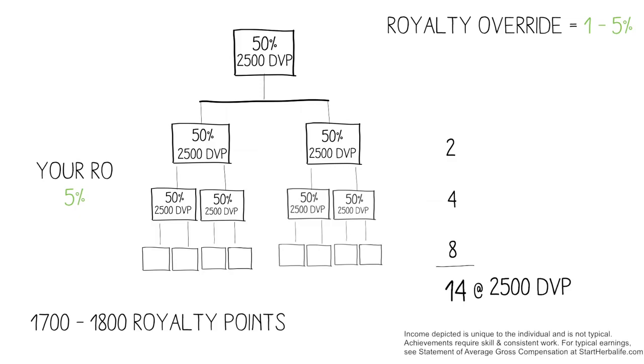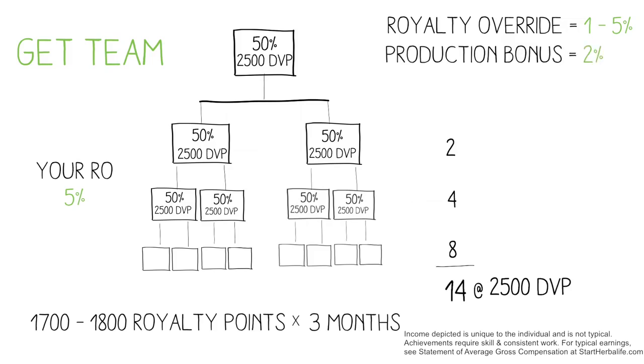If you do it 3 months in a row, that makes you something called Get Team. At Get Team, you're going to get an extra 2% bonus every month on top of the 5%, as long as you qualify each month. So this, again, gets to be exciting. You can get 7%, 7%, 7%, and the 2% can even go beyond the first three lines. So that's Get Team.